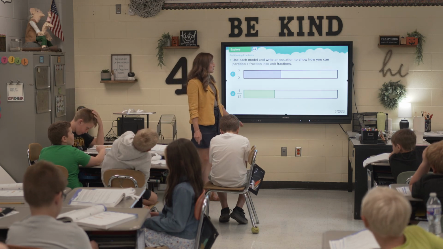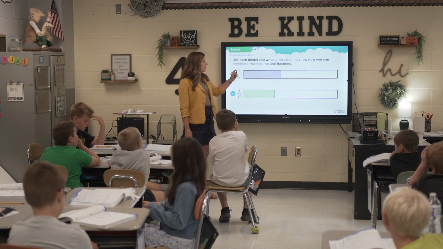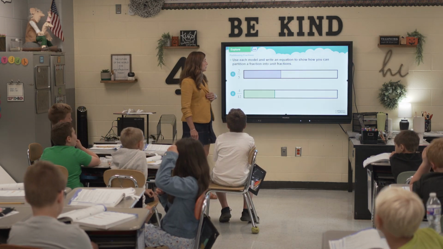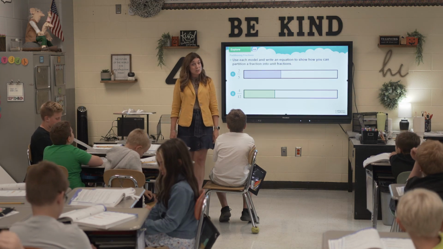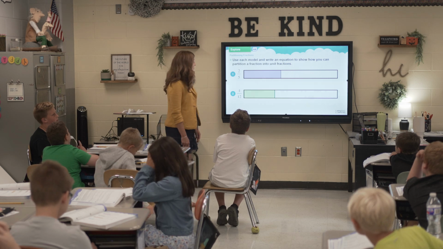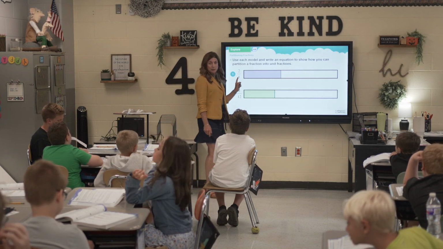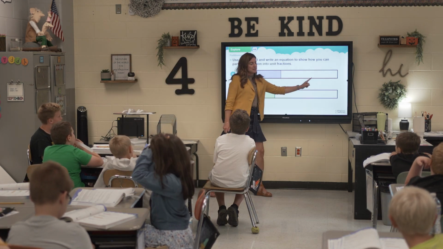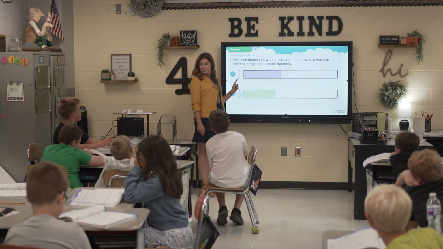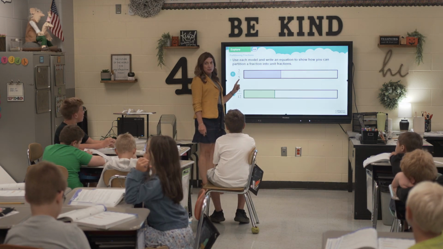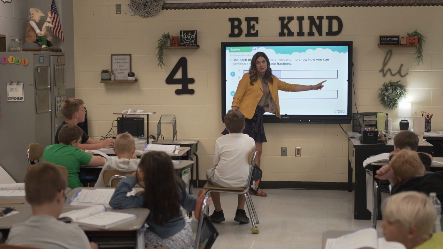So here's what we're going to do. We're going to use the model to write an equation to show how you can partition a fraction into a unit fraction. That's a lot of words. Here's what we're really going to do. This number tells me what about this model? The denominator tells me what about this model?